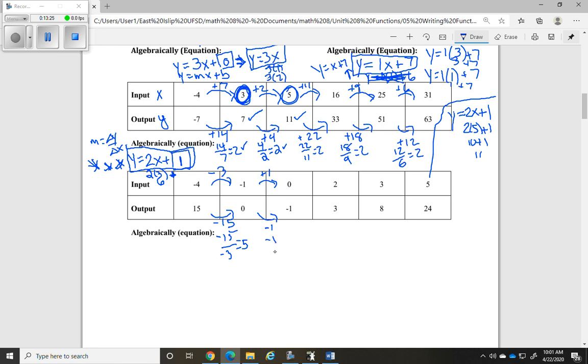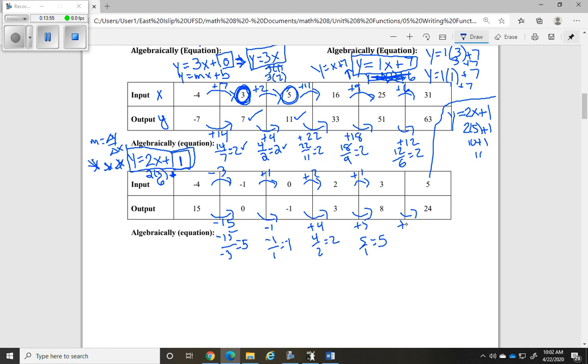Negative 1 over 1 is negative 1. This goes up by 4 and up by 2. 4 over 2 is 2. Up by 5, up by 1. 5 over 1 is 5.